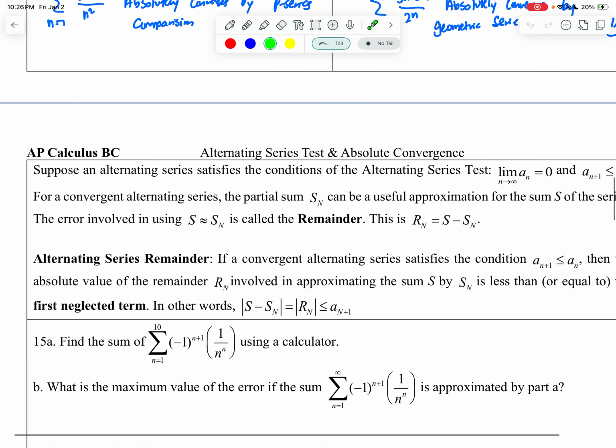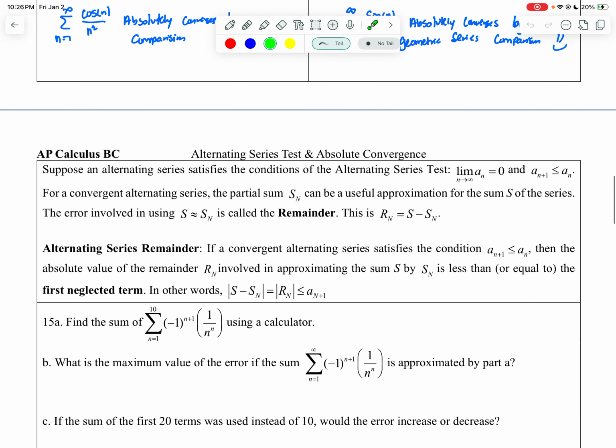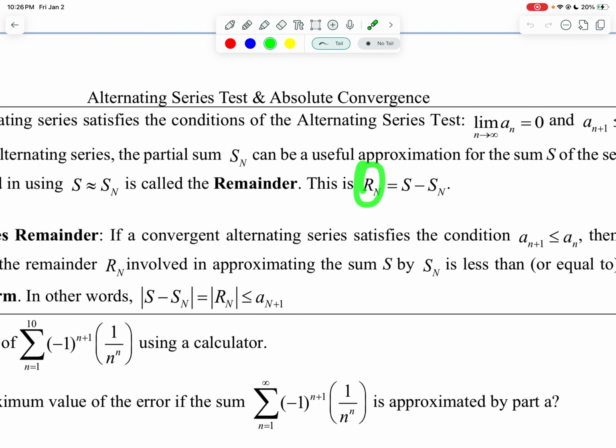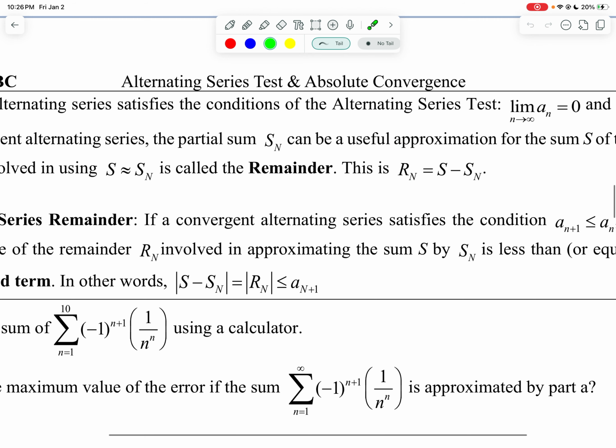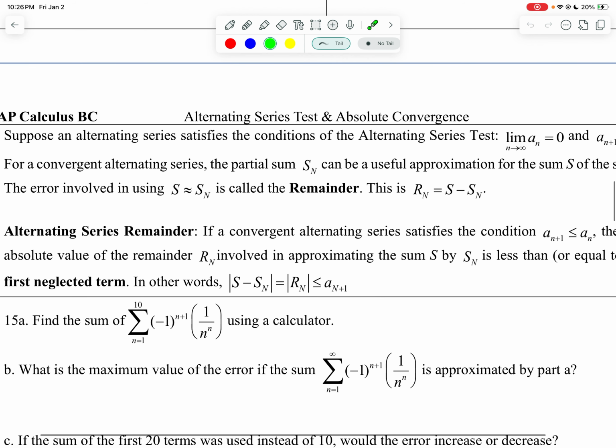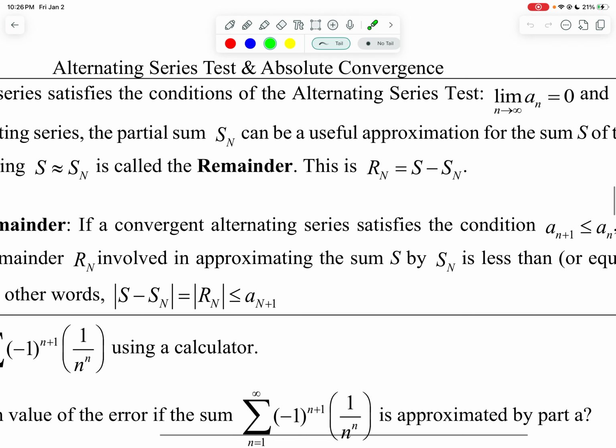Well, this is where we have to use the alternating series remainder. Basically, r sub n is going to be less than or equal to the next neglected term in our series. So in this case, notice how we have the nth partial sum. So we're just going to take the next neglected term, and that's going to be our maximum error.